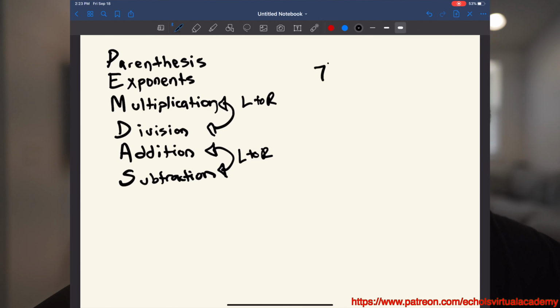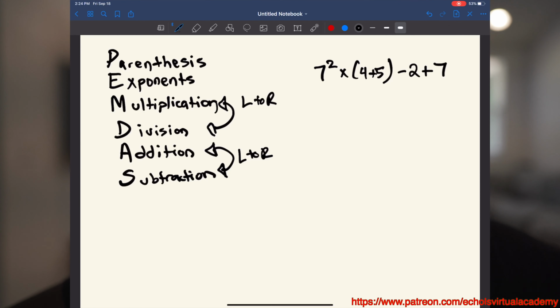We've got 7 squared times 4 plus 5 minus 2 plus 7. So first, we've got to look at PEMDAS to know what we need to do first.